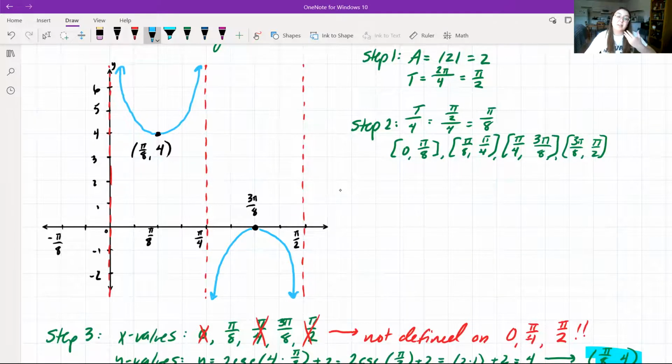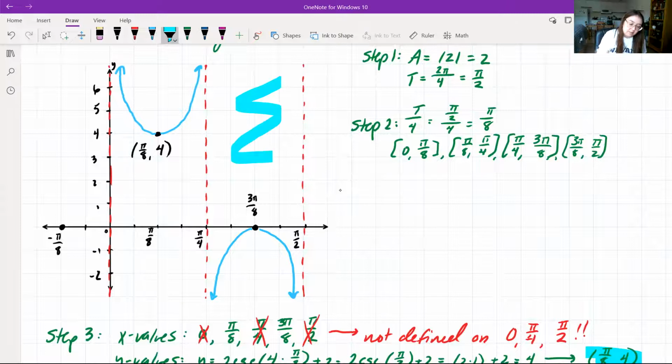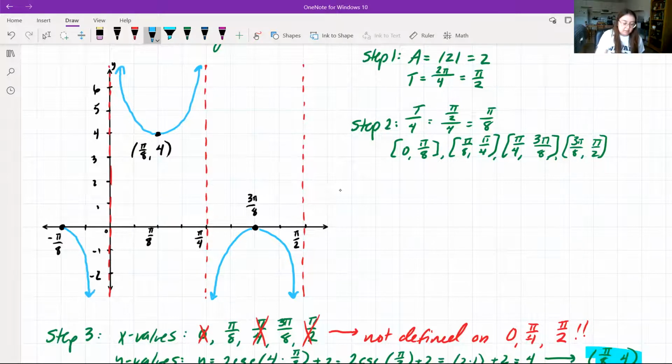And there we go. This would be all we would need to figure out our range. If we wanted to draw in another period, we do have this value here. And copying what we had in this interval here, we can go ahead and assume that it will be another downward facing parabola that would end up looking something like this.